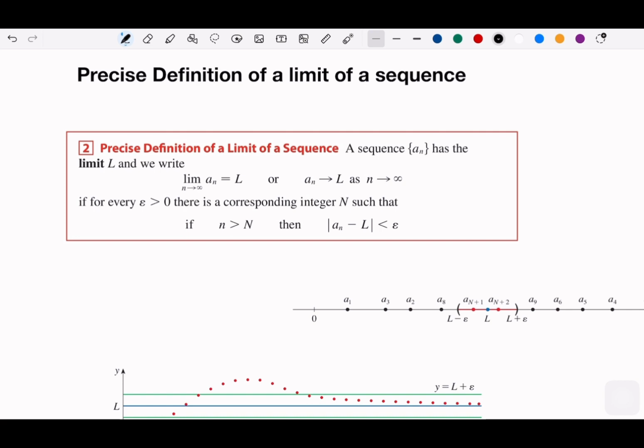What it says is, for every epsilon that is positive, there will be some integer N, and we say integer because this is a sequence, so we only consider n = 1, 2, 3, 4, and so on, such that if n is greater than this integer N, then the distance between a_n and the value L will be less than epsilon.